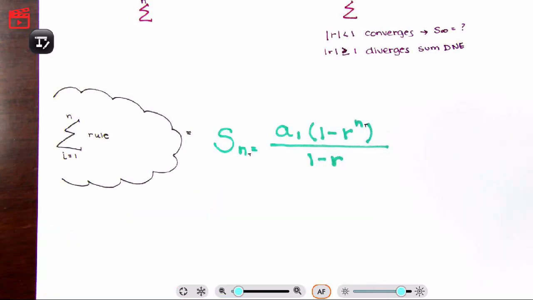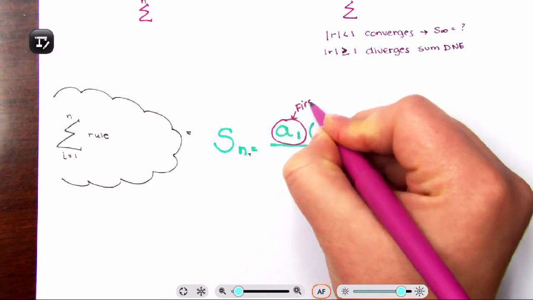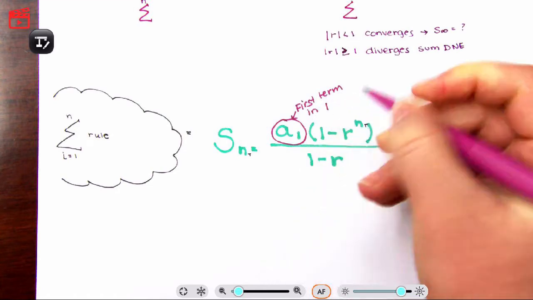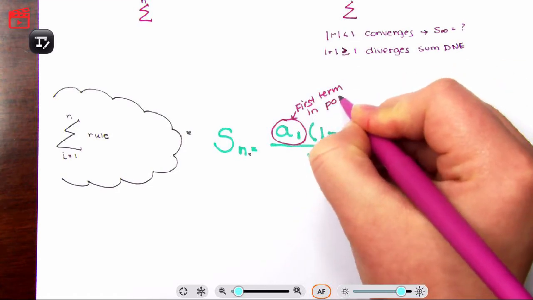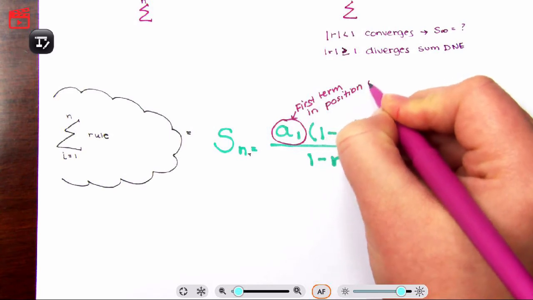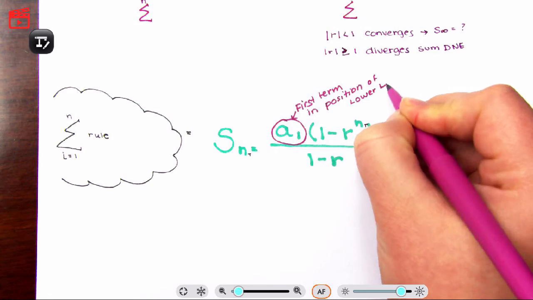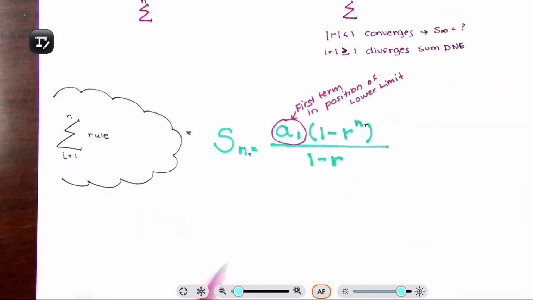Let me actually write that down. First term in position of lower limit. So if your lower limit is 3, that means your first term is in the third position, not just A sub 1.